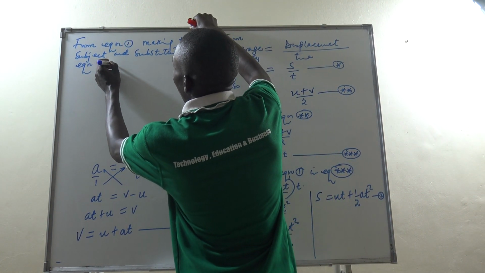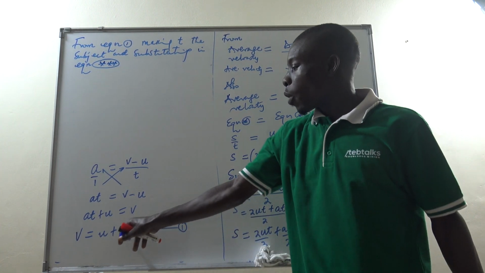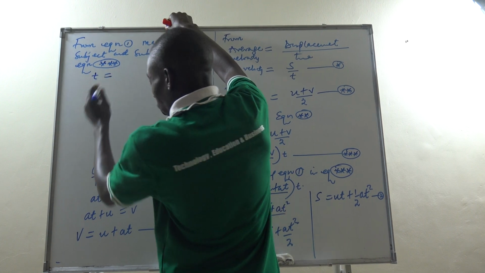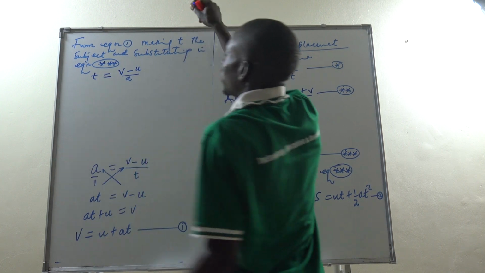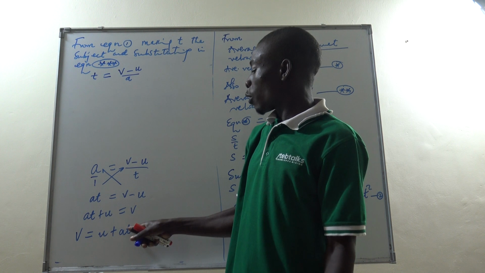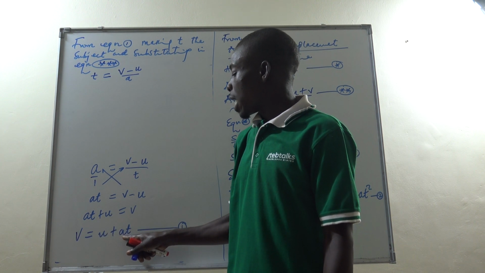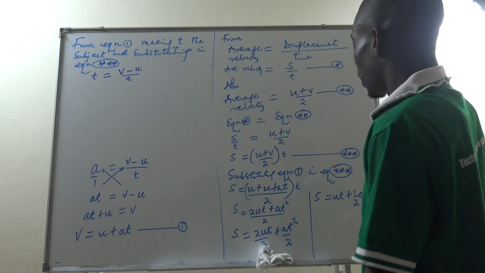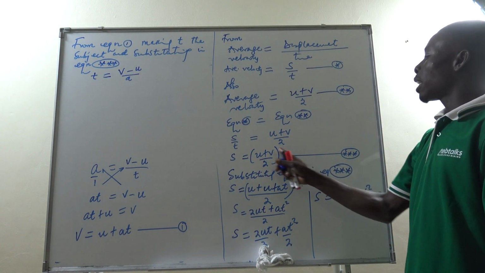Going to equation 1 and making t the subject, t equals v minus u over a, by bringing u to the other side and dividing through by a on both sides. Then we substitute in equation star 3.